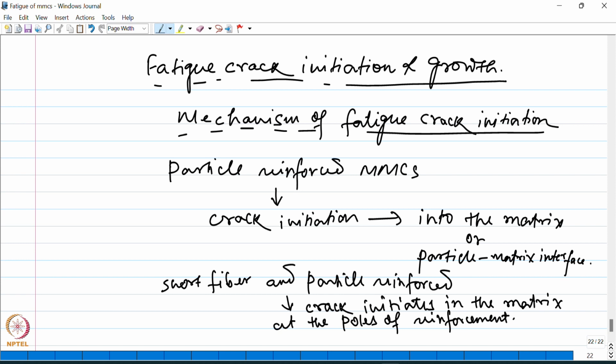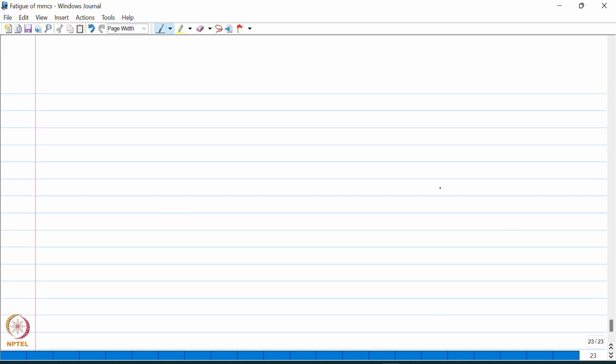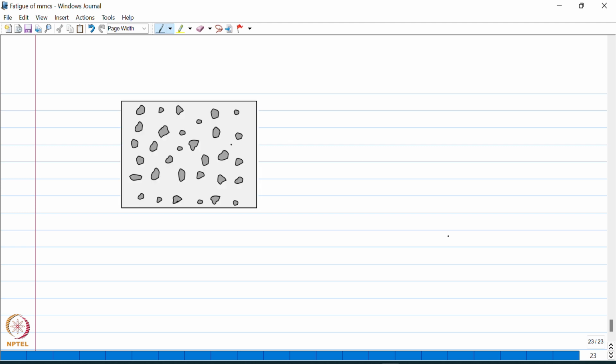So let me show you a schematic of a particle reinforced composite, and then we'll see where exactly the crack initiates using that schematic. So here is a schematic of a particle reinforced metal matrix composite. Here you can see that the particles are distributed in the matrix.